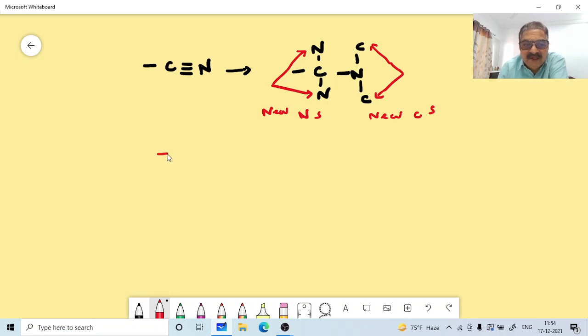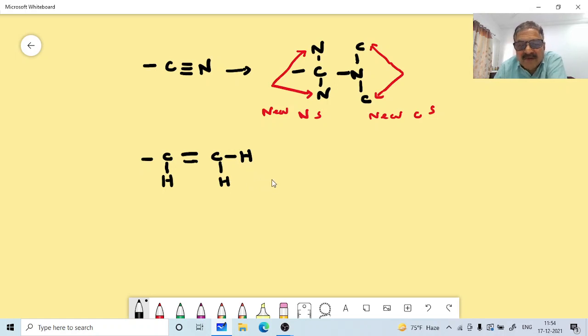Now I can show you one more example here. If you have a compound like this, C, CH double bond, like this. Now, each atom in the double bond is to be drawn twice.